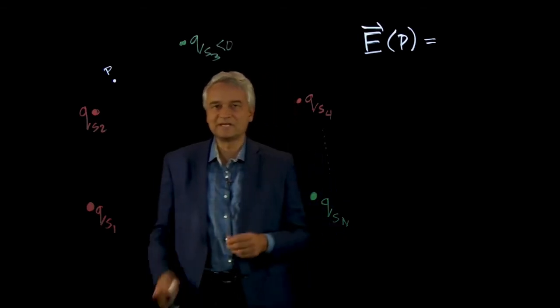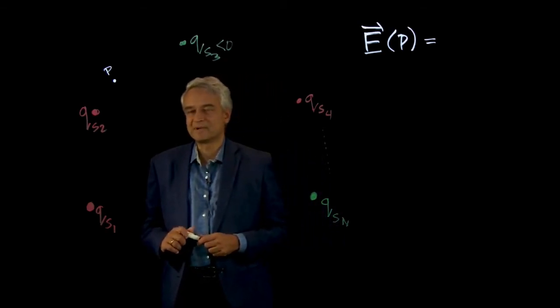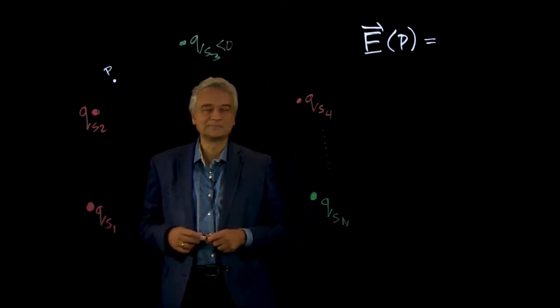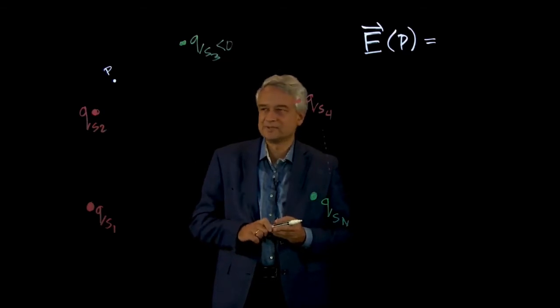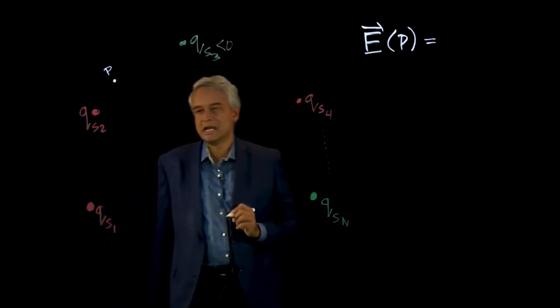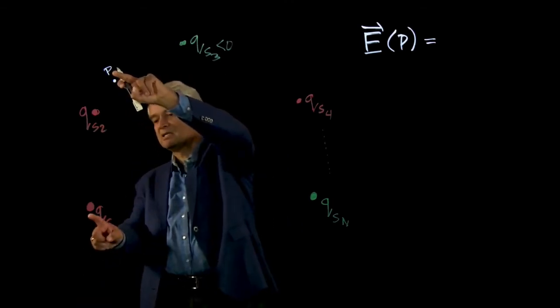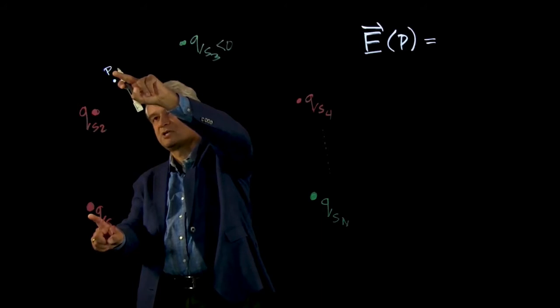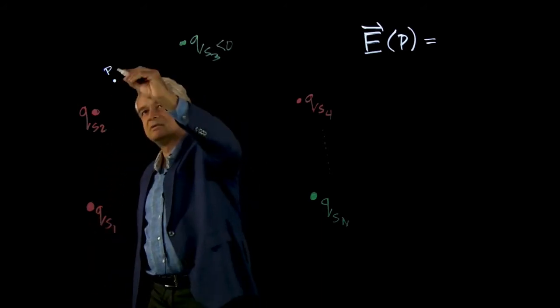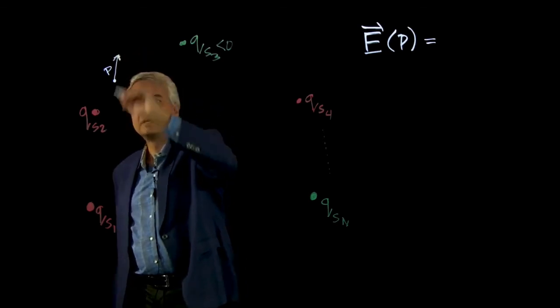This is a further fundamental fact about the world that we live in that we've learned by doing experiments, by making observations of how the world works. And so here's the answer. If I want to know what the electric field is at the point P, I start by saying, well, what's the electric field at the point P caused by this source of charge qs1? And we saw that that will be a vector pointing in this direction here.